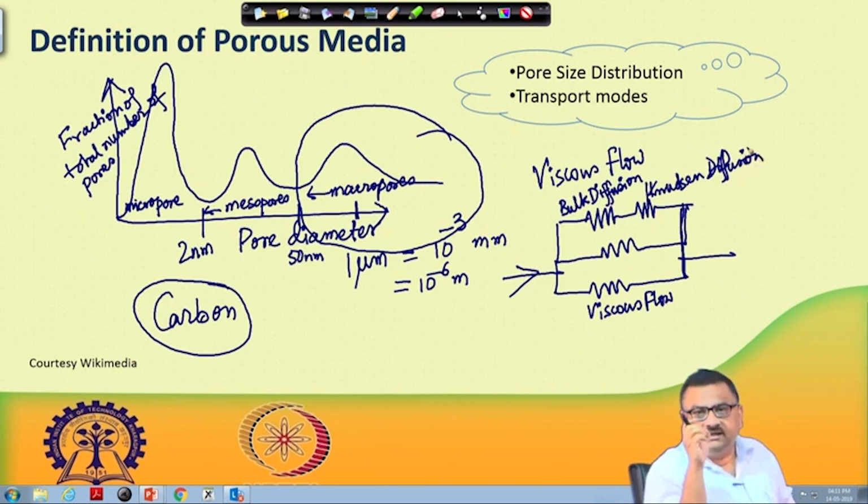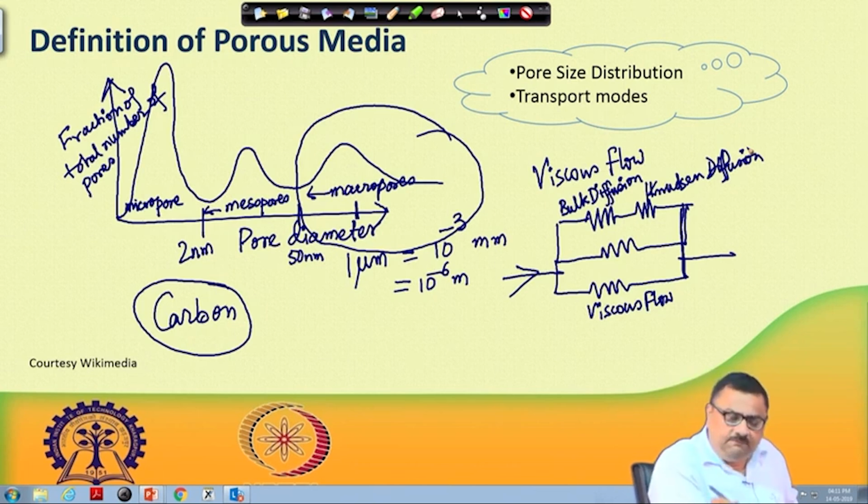Knudsen diffusion is that molecules are traveling through the pore, but molecules are colliding with the wall. Generally, when this pore diameter, let us say pore diameter is d, and the mean free path length is lambda.